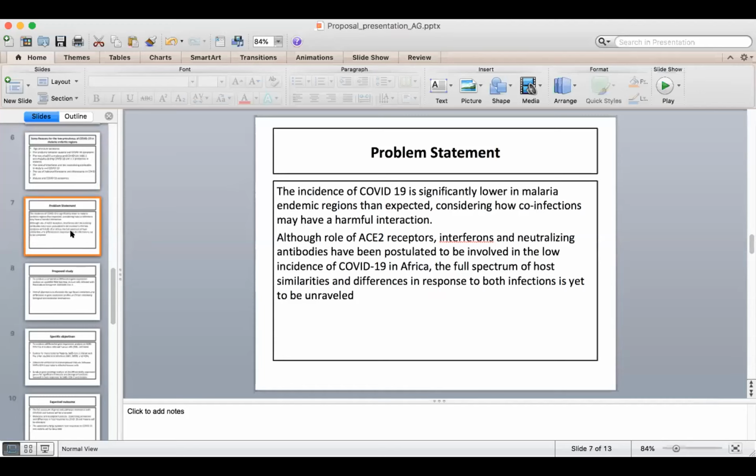And although the role of the ACE2 receptor, interferons, and neutralizing antibodies have been postulated to be involved in a low incidence of COVID-19 in Africa, the full spectrum of the host similarities and differences in response to both infections has yet to be unraveled.